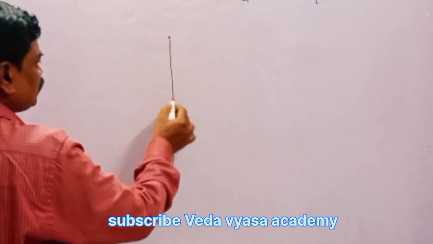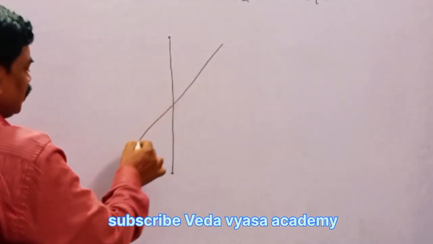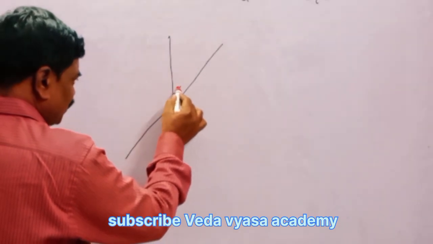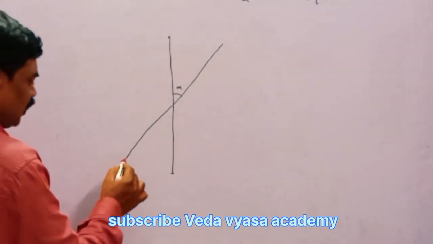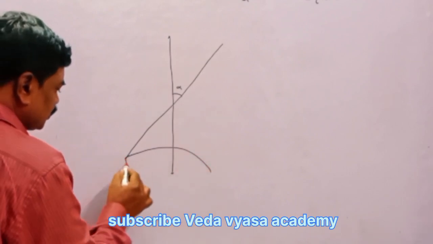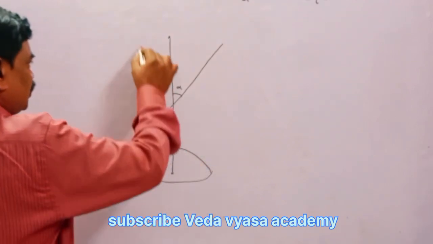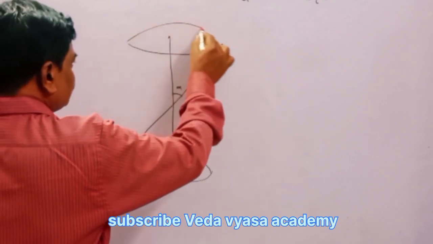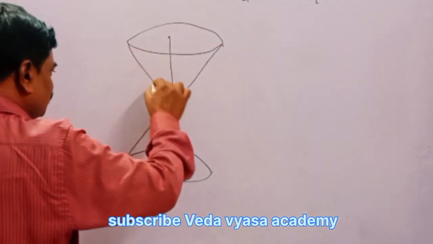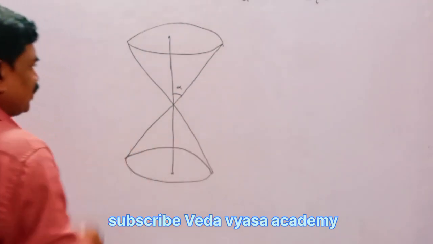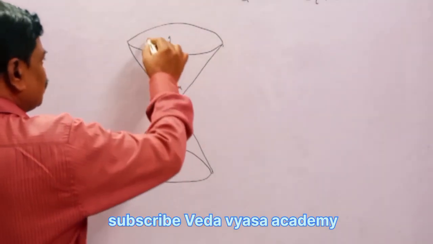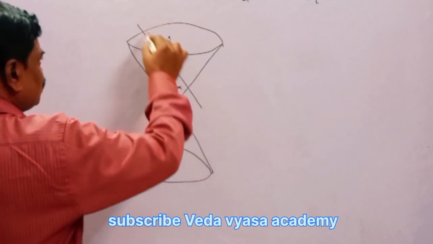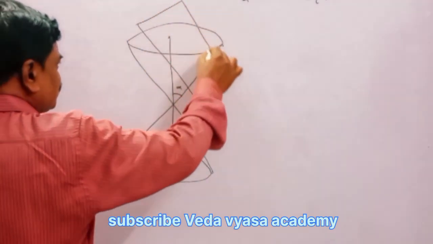axis and this is the generator line. The angle between the axis and the generator line is alpha, and this also is a generator line, and the plane cuts like this.